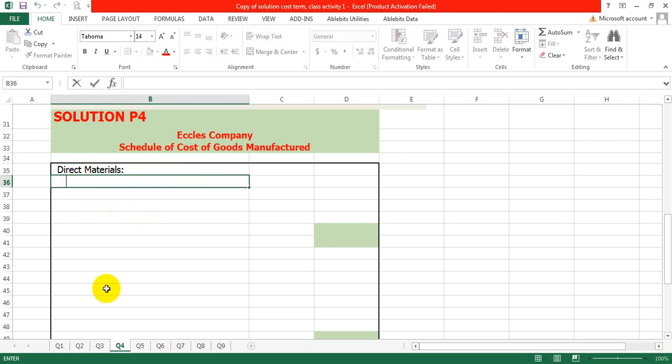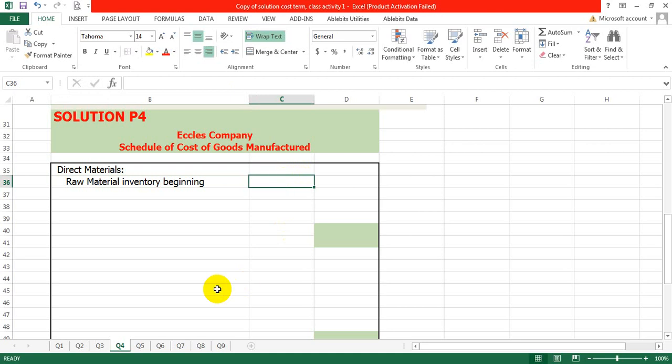How can we calculate the direct material? Raw material inventory beginning, that is 8,000.